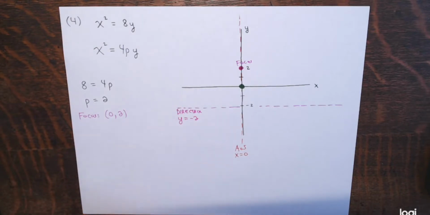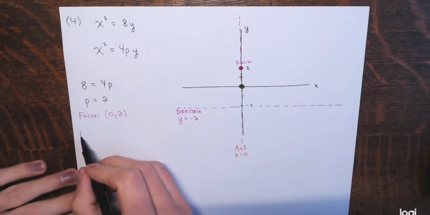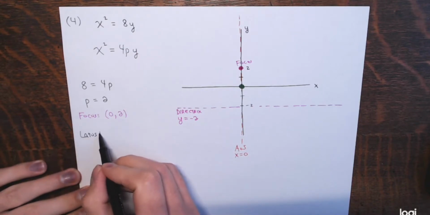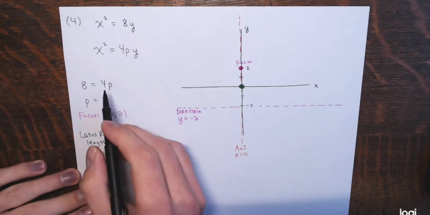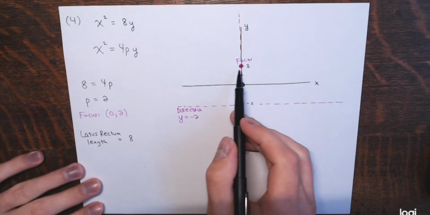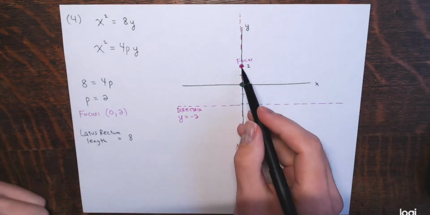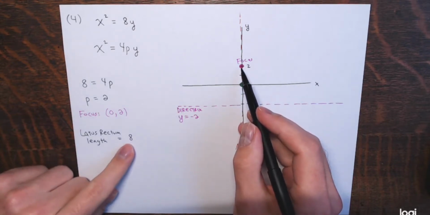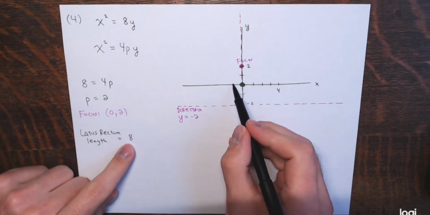All right, then for those endpoints of the latus rectum, so again I'll write out latus rectum length is the absolute value of 4p, which is 8 here. All right, and then again the latus rectum would be horizontal. The latus rectum should be parallel to the directrix. So from the focus, cut this in half here. I'm going to go 4 units to the right and 4 units to the left.